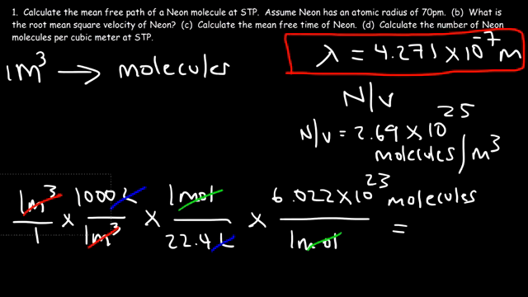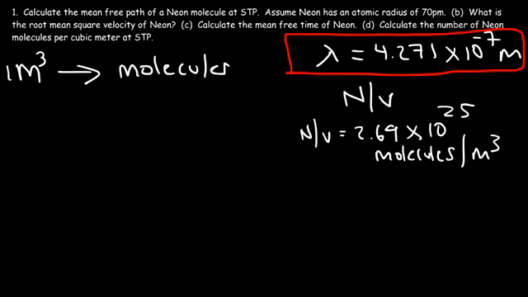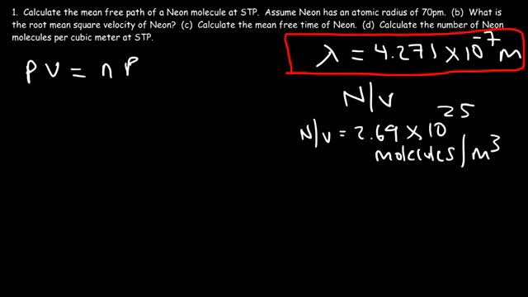Now, there's a third way in which you could use the general equation that can help you to calculate the number of molecules per cubic meter given the pressure and the temperature. So let's start with the ideal gas law equation. PV is equal to nRT. Now n, the number of moles, is equal to the number of molecules divided by Avogadro's number, which is molecules per mole.